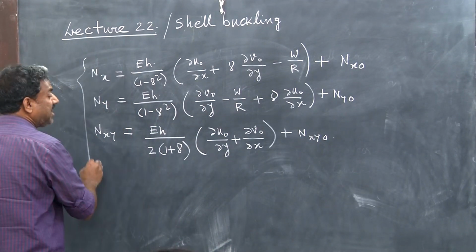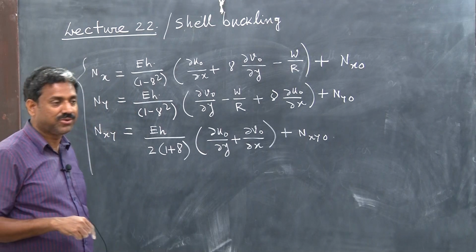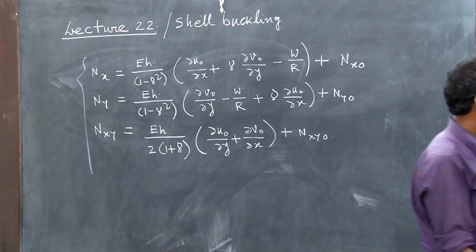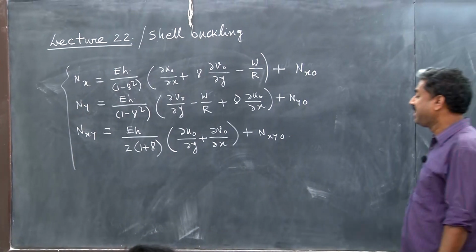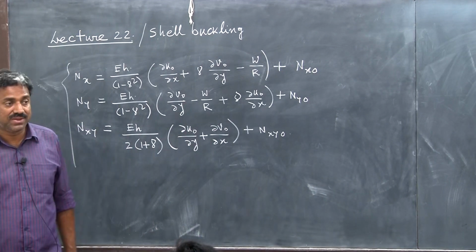So, now that we have all components, all of this we will substitute in the equilibrium equation, and then we will just reorient the terms, okay. We are doing it essentially for the cylindrical shell for simplification.